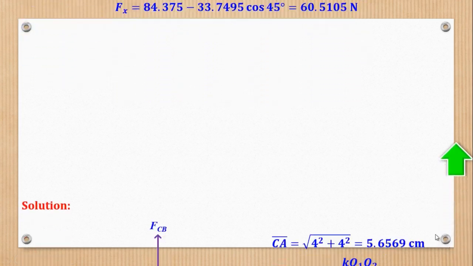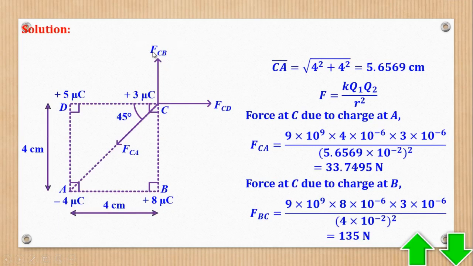Now we are not putting this other force because this one is entirely vertical, meaning its horizontal component will be 0. Next we also have to resolve vertically. So resolving vertically, this one is going upwards, but the component of this one is going downwards. So it will be this minus this sine 45.